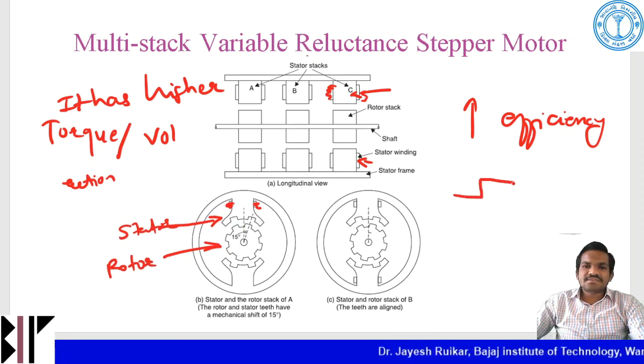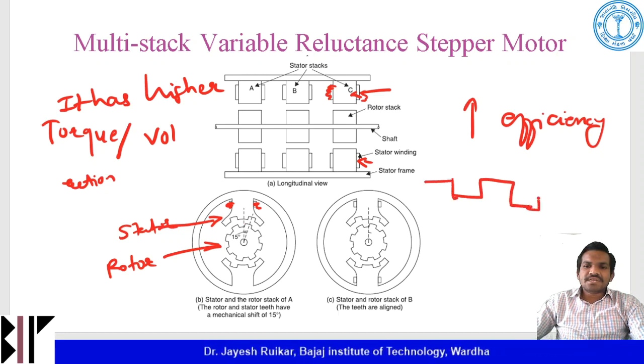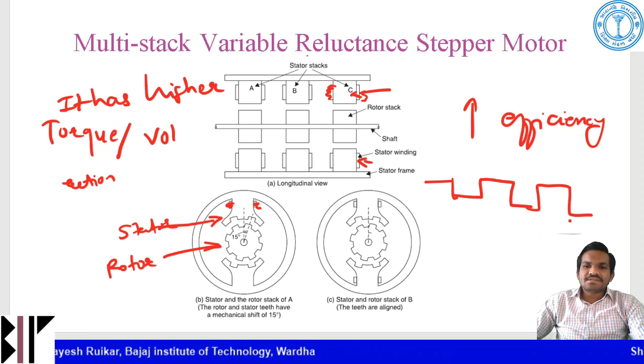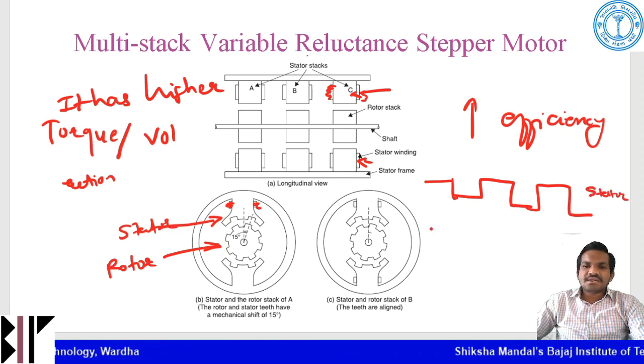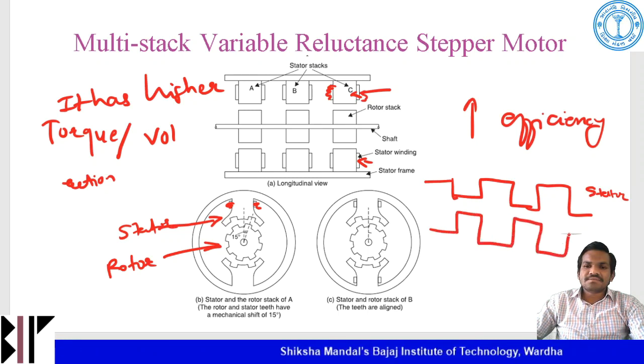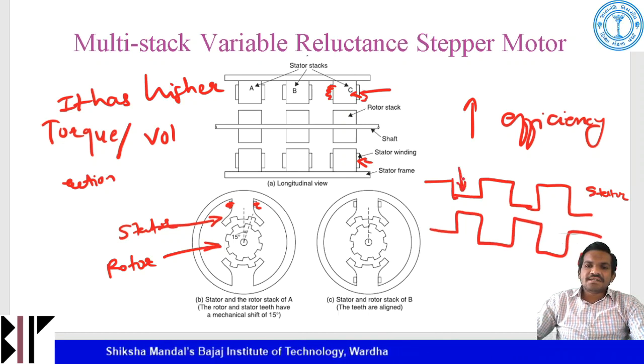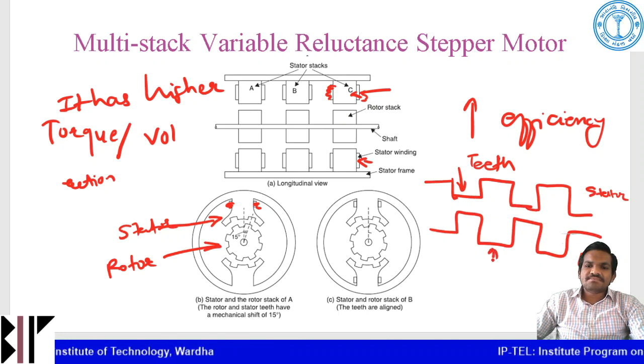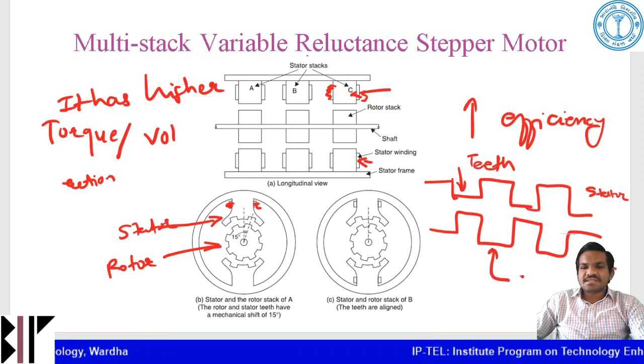These are the teeth, so teeth and slot. This is my stator, and this is my rotor. This is the teeth of my rotor, and this part is the slot.